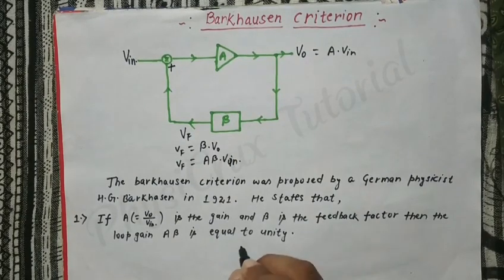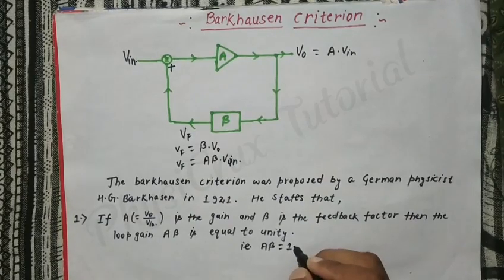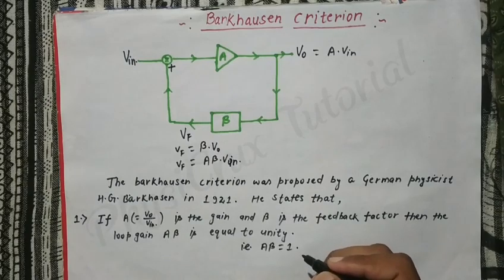That is, A beta is equal to 1. And the second, he stated that the phase shift around the loop is 0 or an integral multiple of 2 pi.